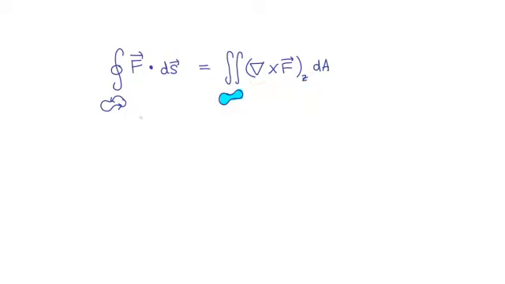Meanwhile, the expression on the left-hand side, which is a vector line integral, can also be expressed as a scalar value line integral, f dot t ds over the same curve, where inside this expression we see one of the components of motion.